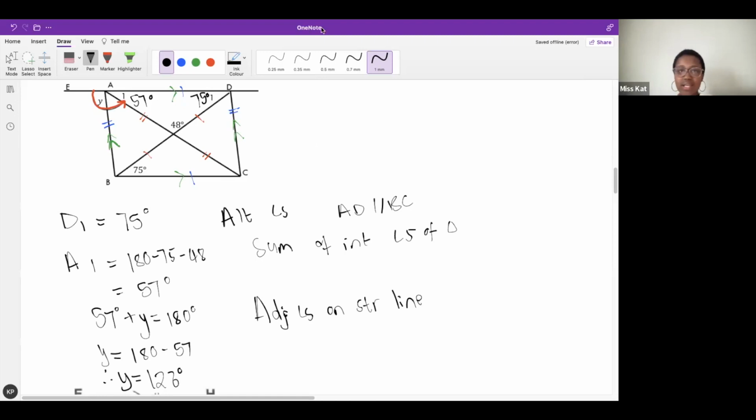Ma'am, would the reason be supplementary adjacent angles work? Yes, it would. Or, guys, if you didn't want to go through all of this, you could have said Y is equal to 75 plus 48. And that's your exterior angle of a triangle.